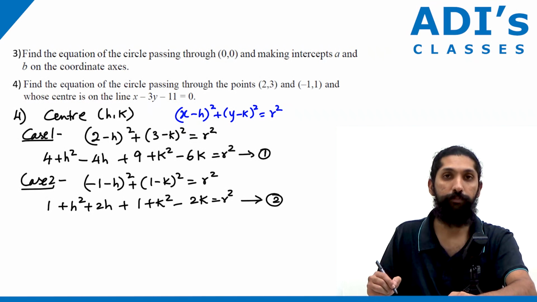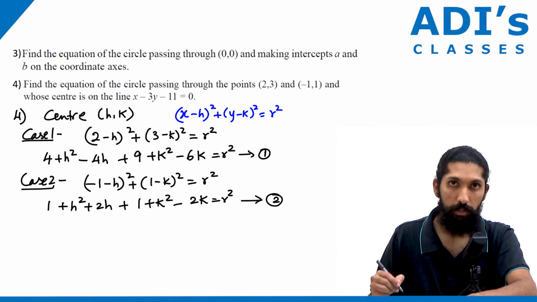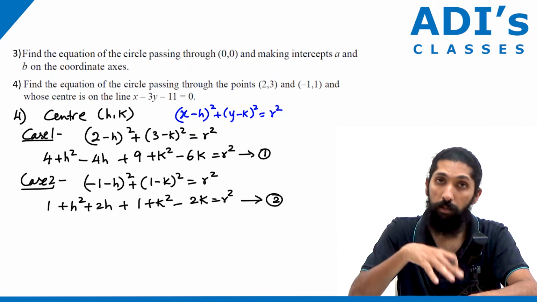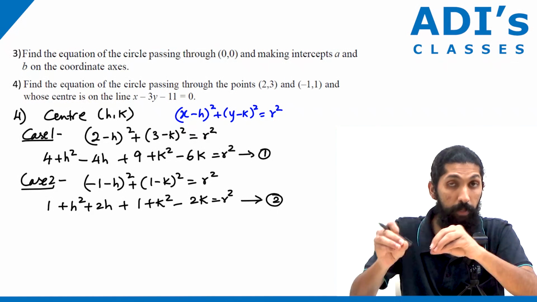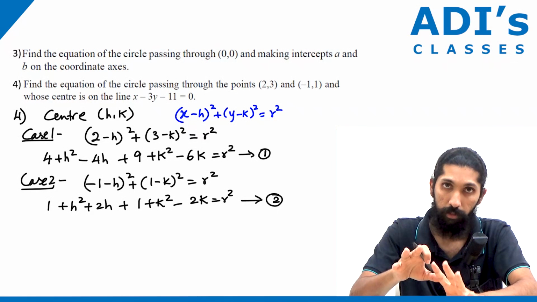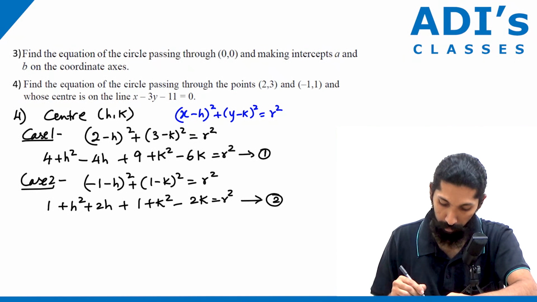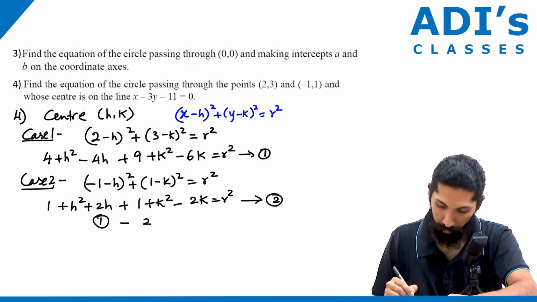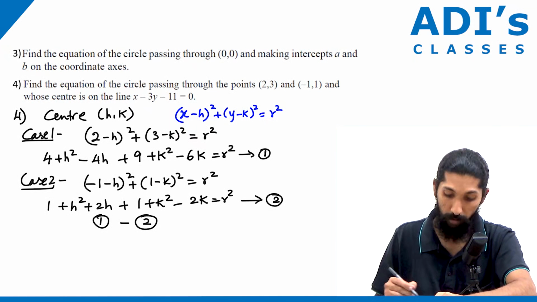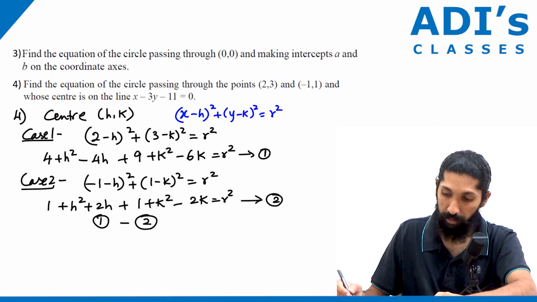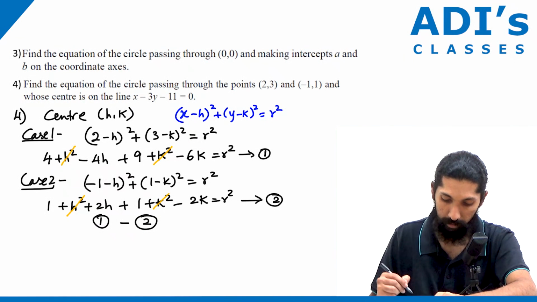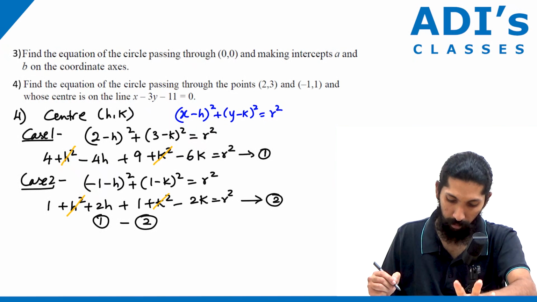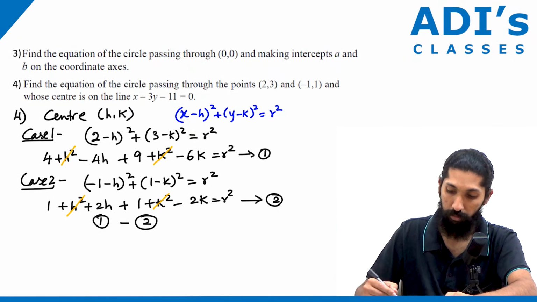Now what we are doing is equation 1 minus equation 2, or 2 minus 1, doesn't matter, whatever it is. But you basically have to subtract both of them. When you do equation 1 minus equation 2, what parameters will get cancelled? h square gets cancelled, k square gets cancelled, r square gets cancelled.